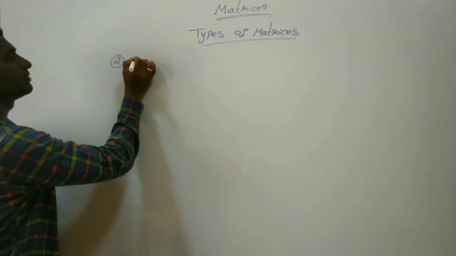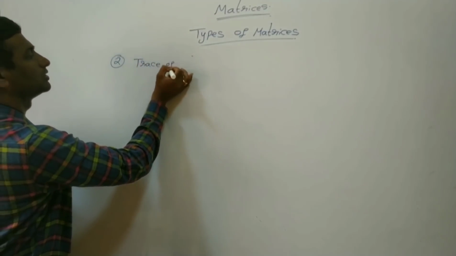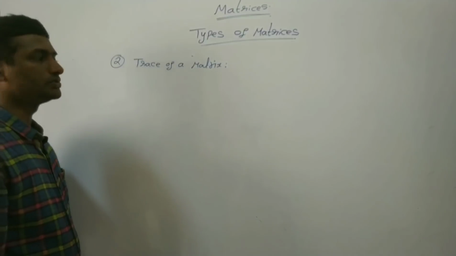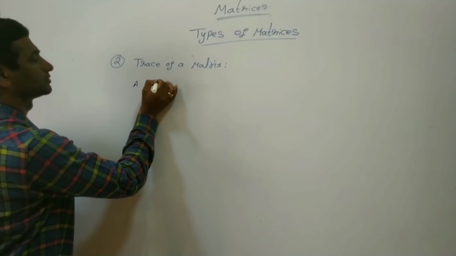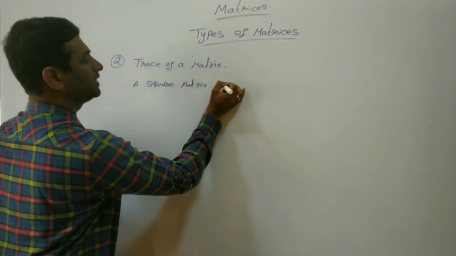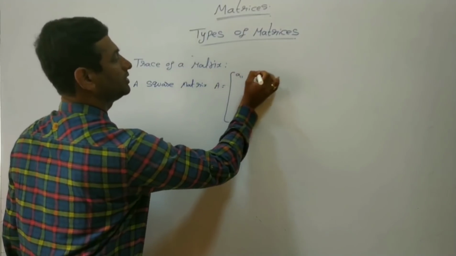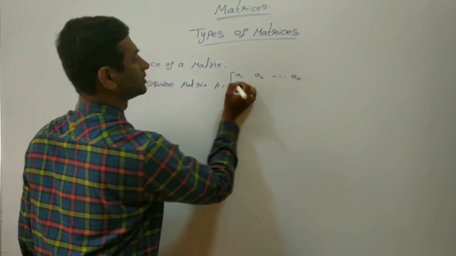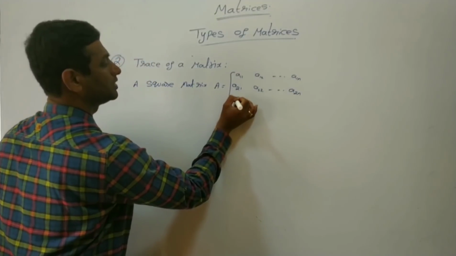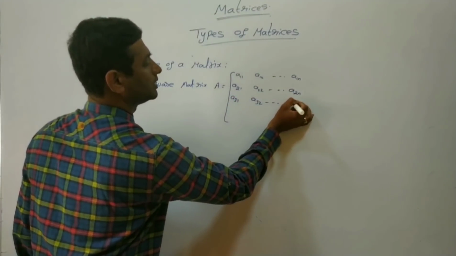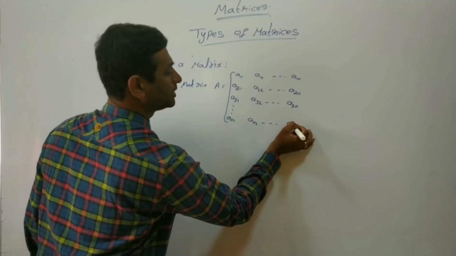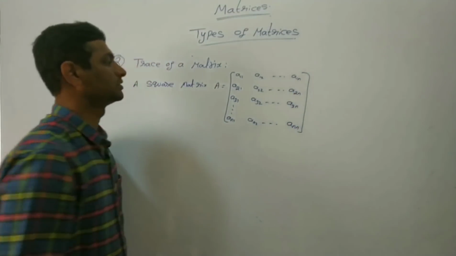As I told you, a square matrix, capital A is equal to A11, A12, so on, A1n, A21, A22, so on, A2n, A31, A32, so on, A3n. Last, An1, An2, so on, Ann in a square matrix.